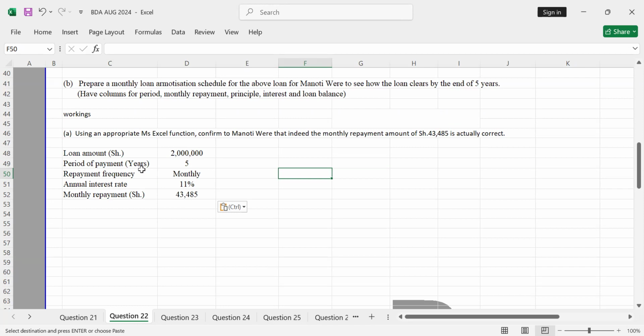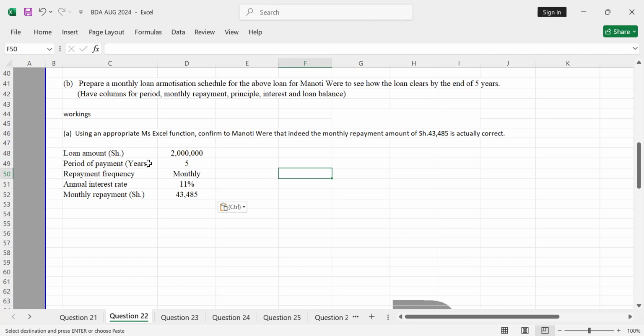So for loan amortization, it has to indicate the amount borrowed, the installment payments, the interest expense, and the principal amount, which is the part of the loan that is being paid. And then the last one should be the amount as at the end.